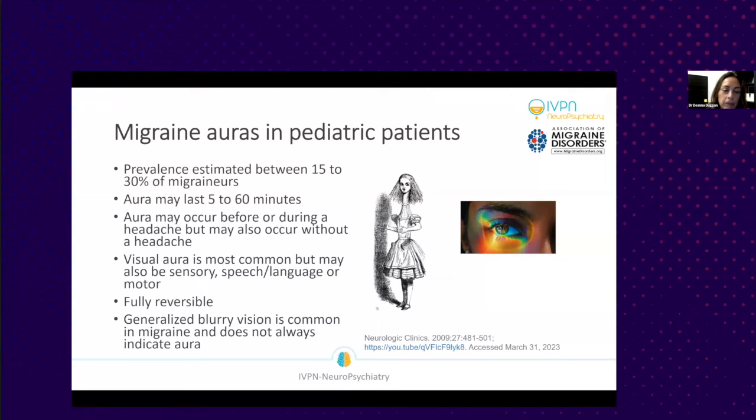But typically we see auras last from 5 to 60 minutes, and within that time frame there can be a succession of auras, but this is a bit reassuring to us that this is fitting within the International Headache Classification.